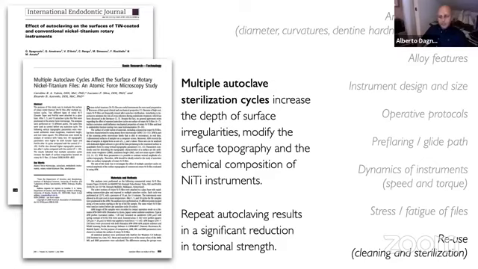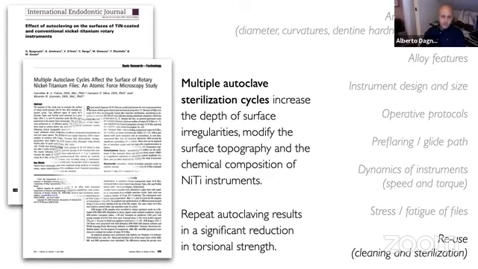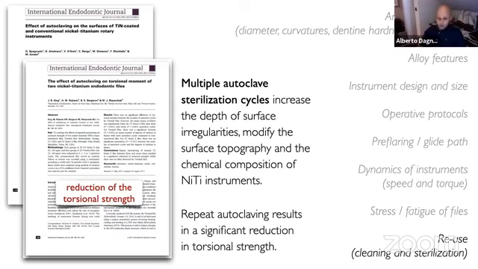So each time we sterilize a nickel titanium instrument, we can reduce its resistance to stresses. So we have to control the number of sterilization cycles.